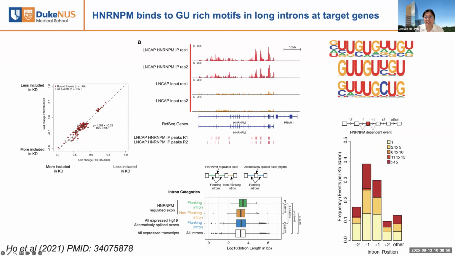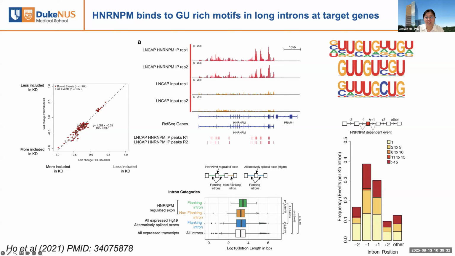So we did eCLIP analysis, and we found that HNRNPM was actually very specific for GU-rich repeats in the introns of its target genes. When you then look at the location of these GU-rich repeats, you find that HNRNPM was very highly enriched at the flanking introns of the exons that it controlled. So if this is an exon that's regulated by HNRNPM, the -1 and +1 introns always had the most number of HNRNPM binding sites in the transcript.